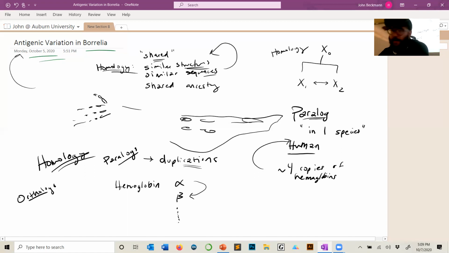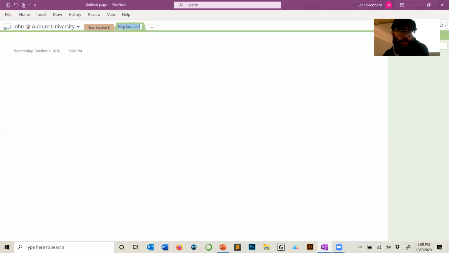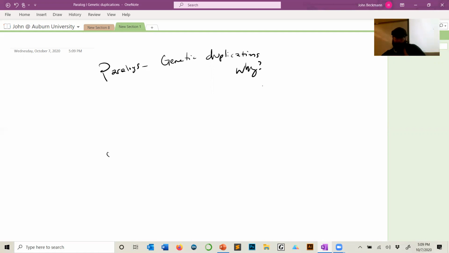Why would you do this? If we're talking about paralogs, and I just said that paralogs are kind of like genetic duplications of genes, why would you do that? Why would an organism in any circumstance want to duplicate a gene?